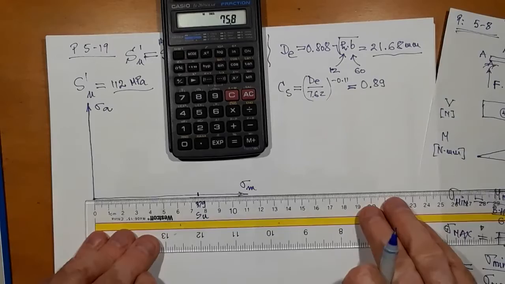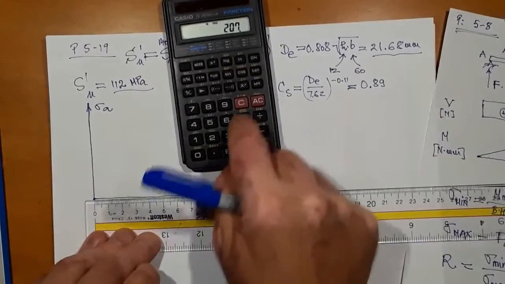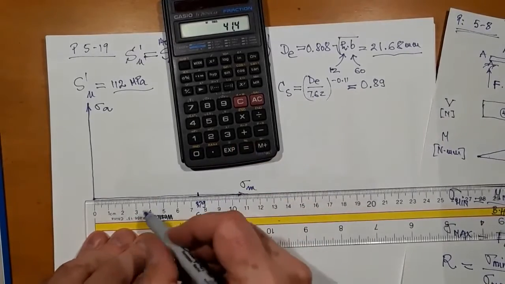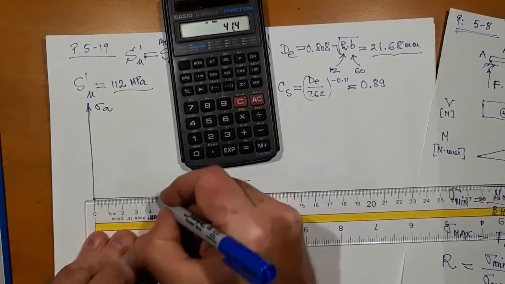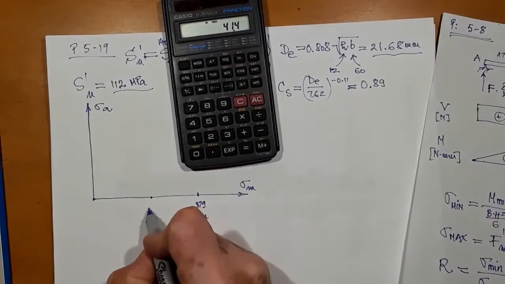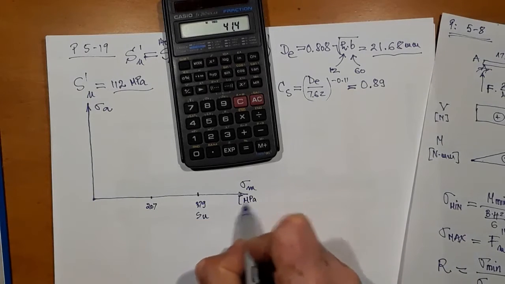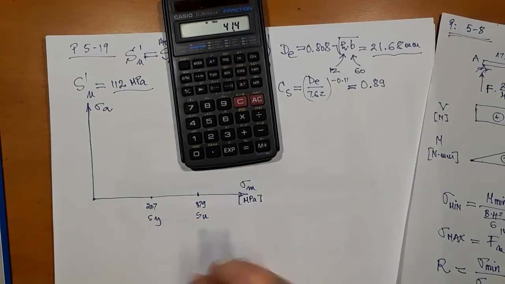Then the yield strength is 207 times 0.2, that's 41.4, and this is 207 megapascals, the yield strength.